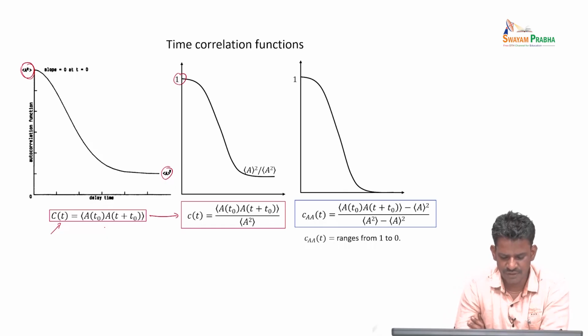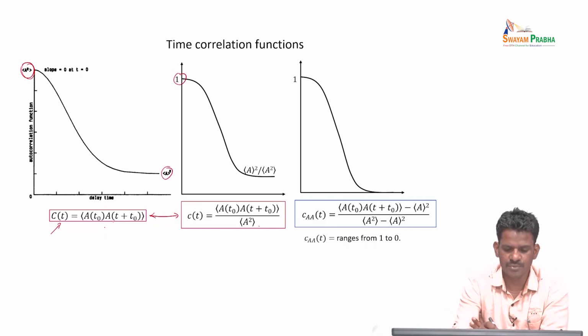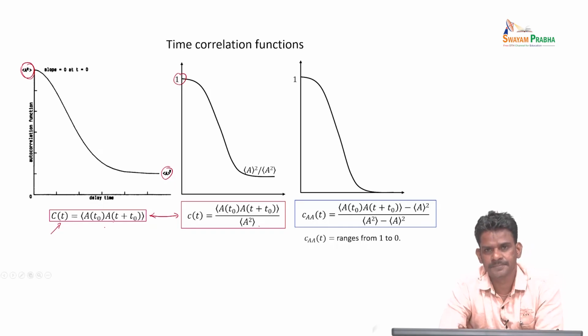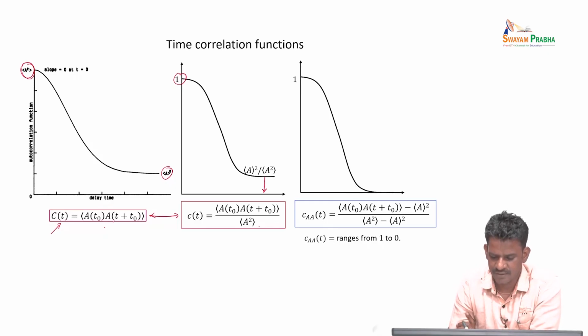The relationship between these two equations is simply dividing by the maximum value, which is the mean square. So it starts at 1 and then decays to the square of the mean divided by the mean square.